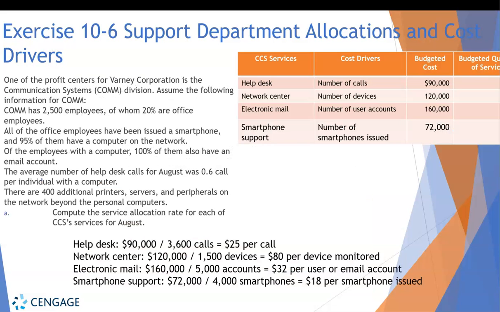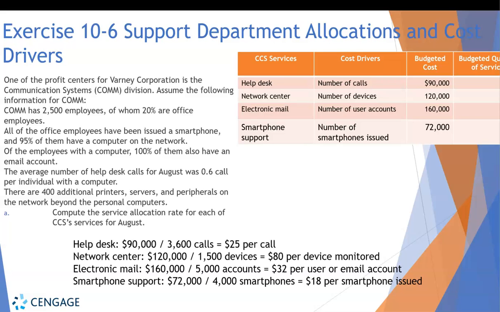So with the help desk, $90,000 for the cost at 3,600 calls gives us $25 a call. The network center budgeted $120,000 at 1,500 devices gives us $80 per device monitored.